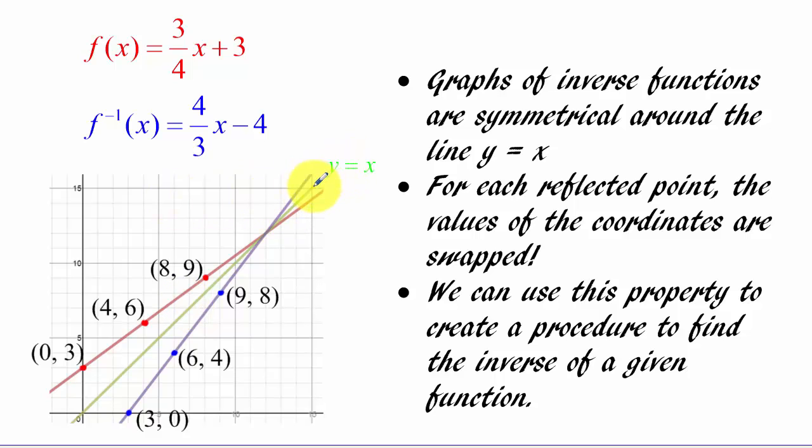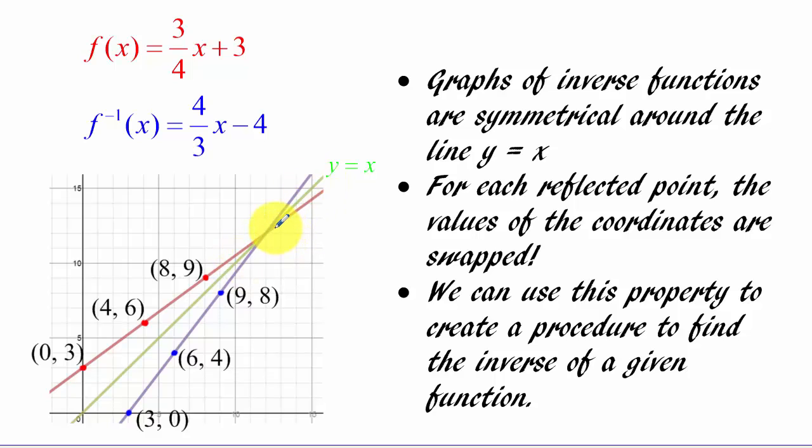So this is the point 15, 15, 10, 10, 5, 5, 0, 0. And if we look at respective points, these 2 graphs are symmetrical to y equals x. So inverse functions are always symmetrical across this y equals x line.